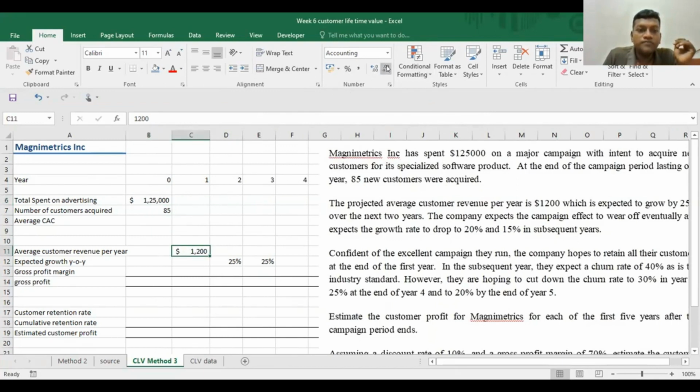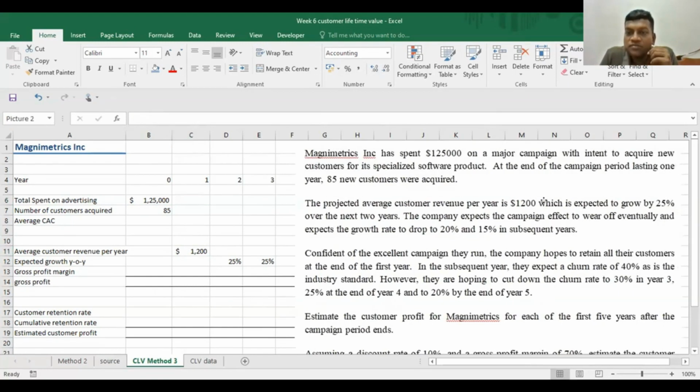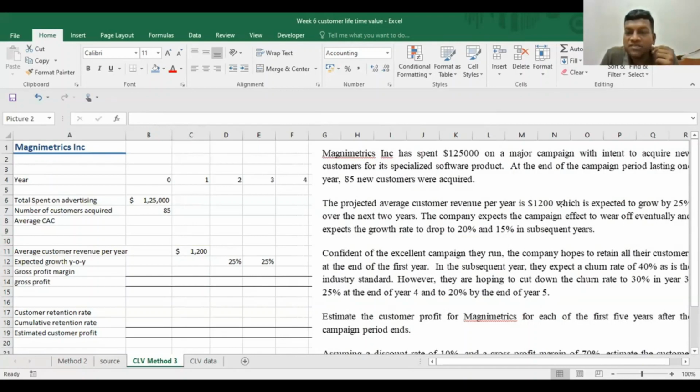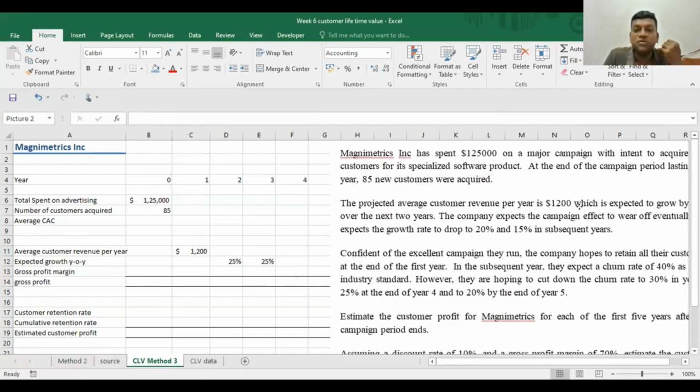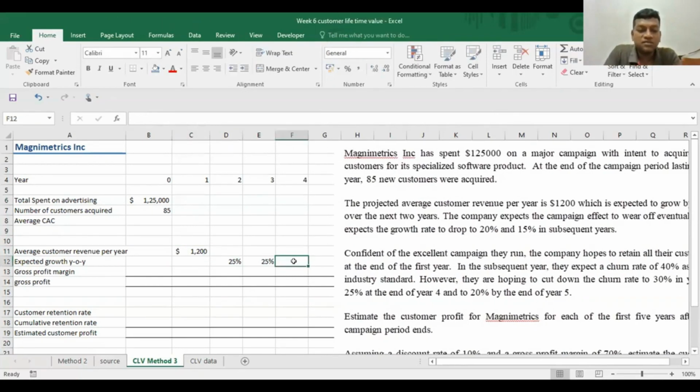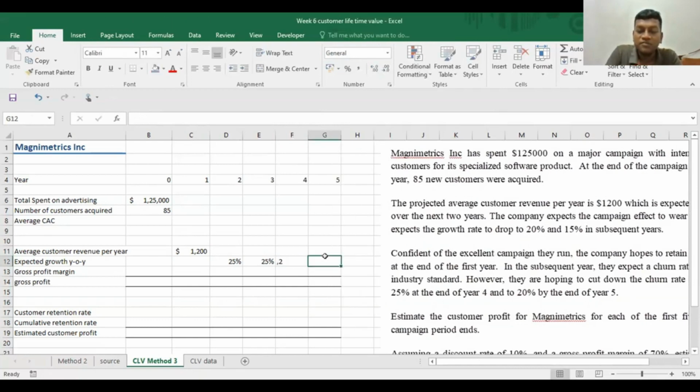All right. So it's expected to grow 25% over the next 2 years. The company expects the campaign effect to wear off eventually and expects the growth rate to drop to 20% and 15% in subsequent years. So it goes to 20%, that is 0.2, and to 0.15, 15%. Copy the formatting here. These are the givens of the problem.